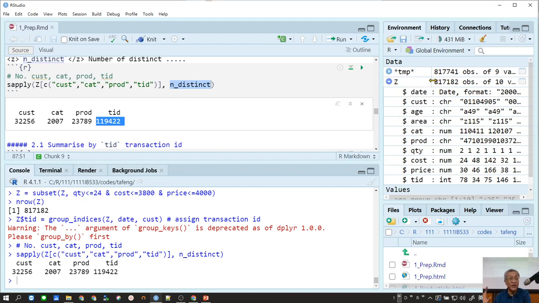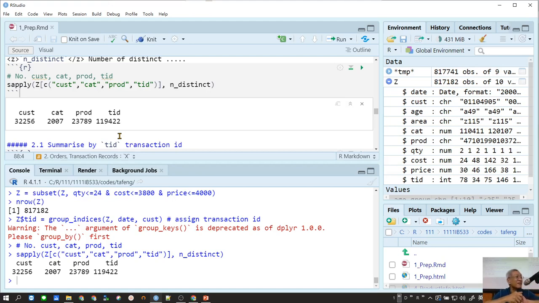The data set has 717,000 items, but only 119,000 transactions, which means that each transaction on average has about 8 items inside. So this is not like a 7-Eleven. This must be something like Carrefour, that type of 量贩店, kind of like a grocery store. So every time you go there, on average you buy like 7-8 items.